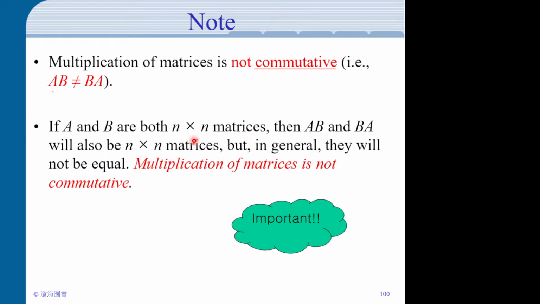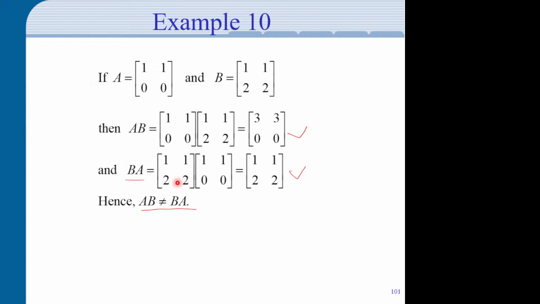But even when they are both defined, so if A and B are both n by n matrices, A times B and B times A are still not always the same. Here we have an example, and let's skip the calculation.